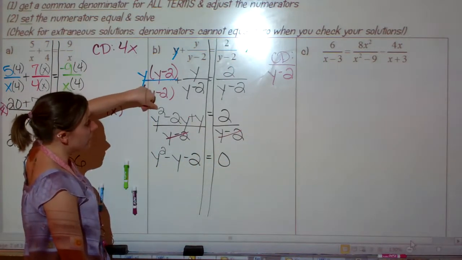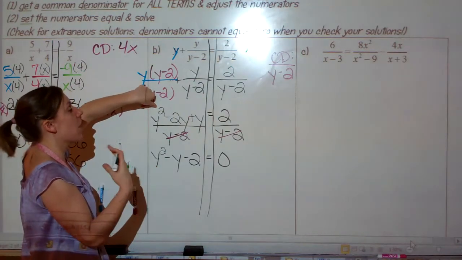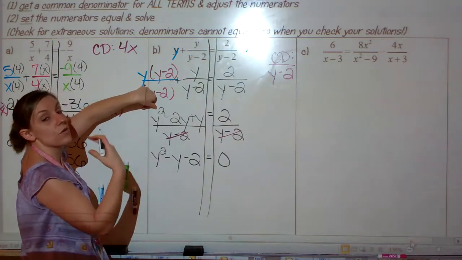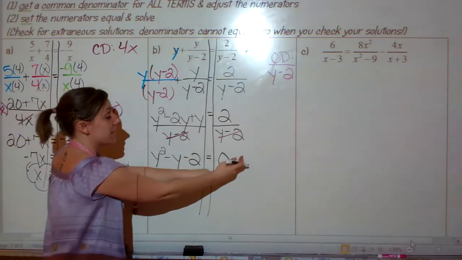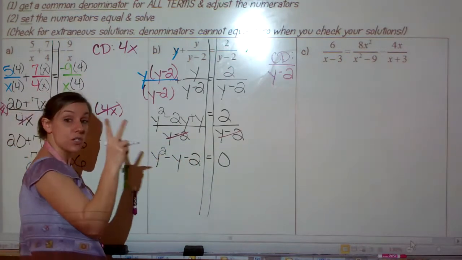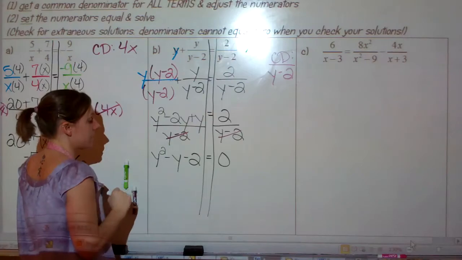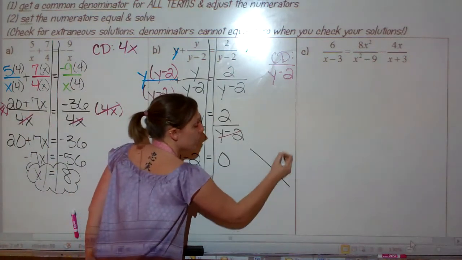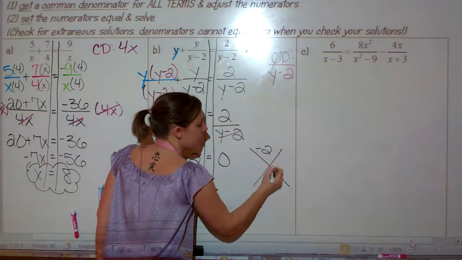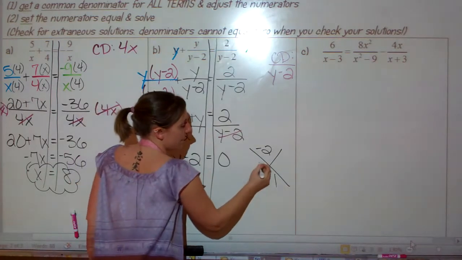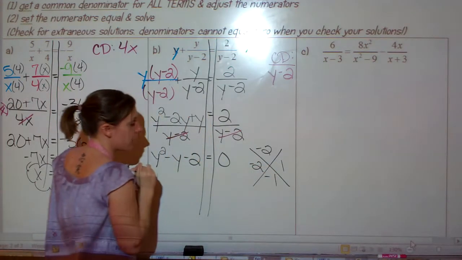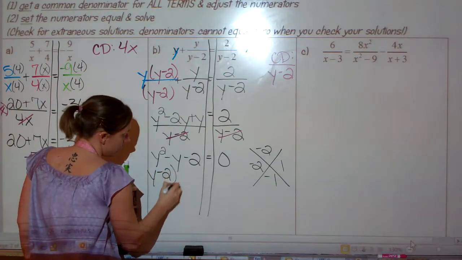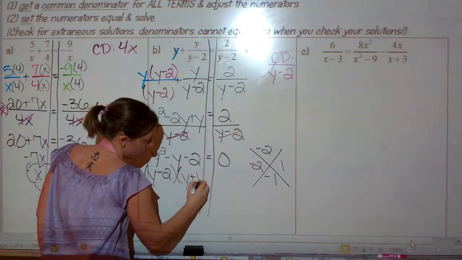Okay, and this y squared jumped out to me and I said, oh, I need to factor it. I needed to say equals 0 in order to get 2 answers, because remember the y squared means there's 2 answers. So if you want to think to yourself what multiplies to negative 2 and adds to negative 1, that is a negative 2 and a positive 1. So that's y minus 2, y plus 1.